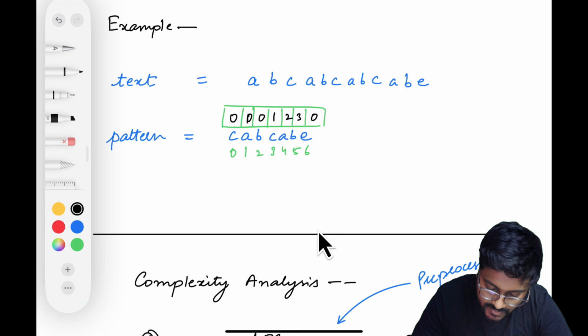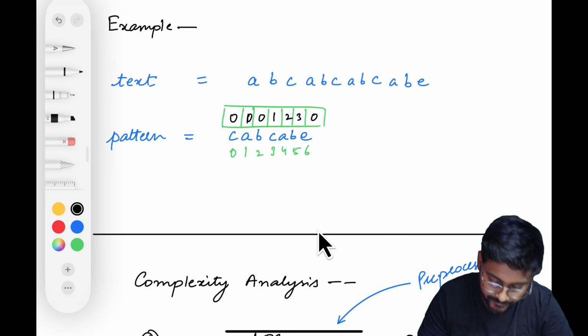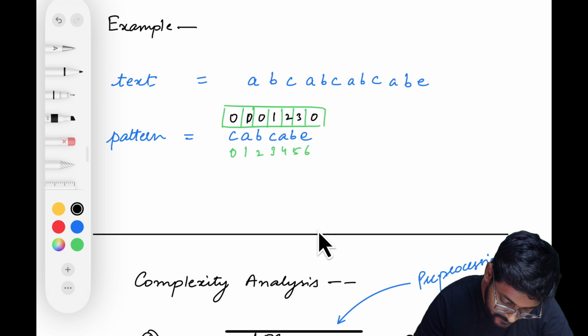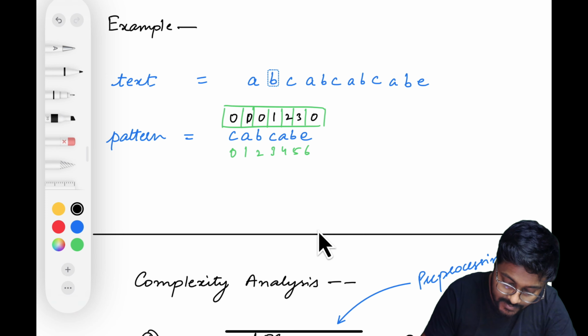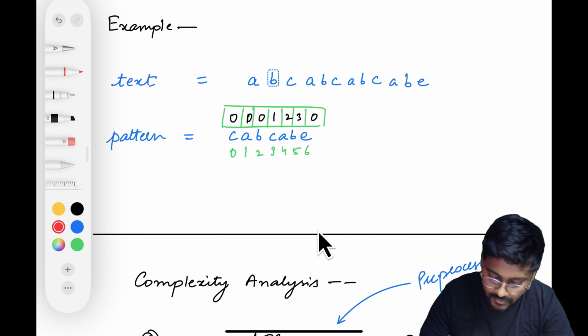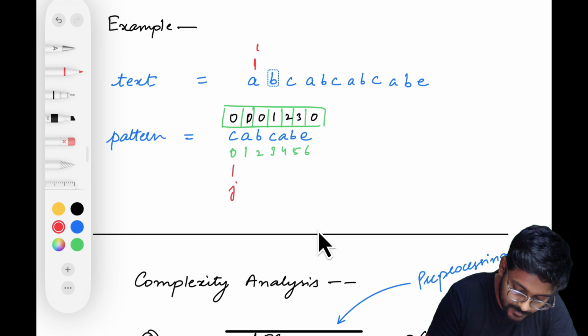You can pause the video and see whether it is correct or not and how I have prepared it, because it was pretty simple. Now we will start matching this pattern in text by using pointers. One pointer is pointing at J and the second pointer is I.